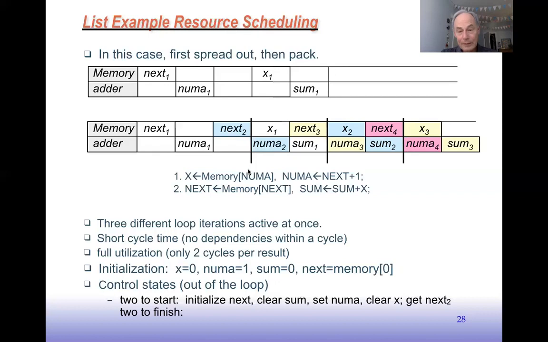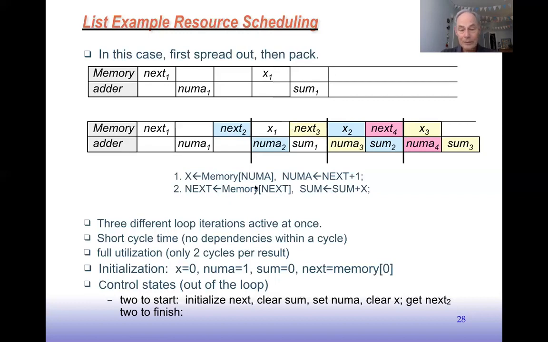So we do an X and a NUMA in one clock cycle, and then we do a next and a sum on the next clock cycle. So you can see now we have three different loop iterations active all at once, right? Which is the nature of pipelining.